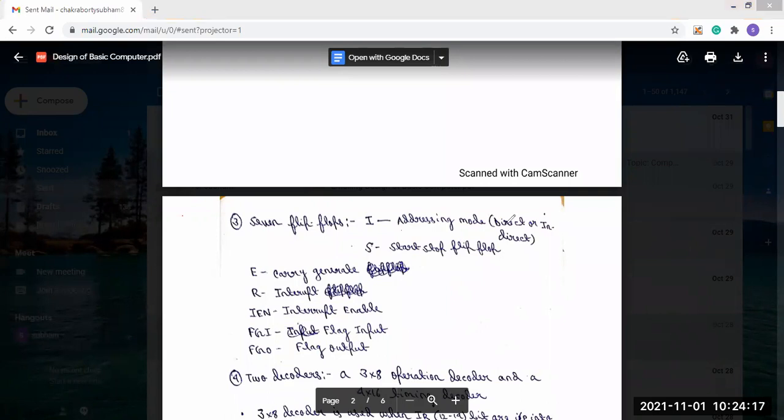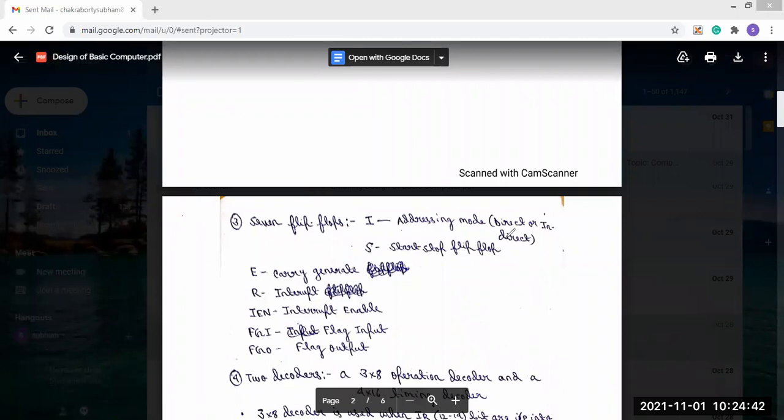If 1, that means indirect addressing mode, and if 0, then it is direct addressing mode. So that I bit is 1 bit, so it is a type of flip-flop, and it is necessary for the addressing mode.